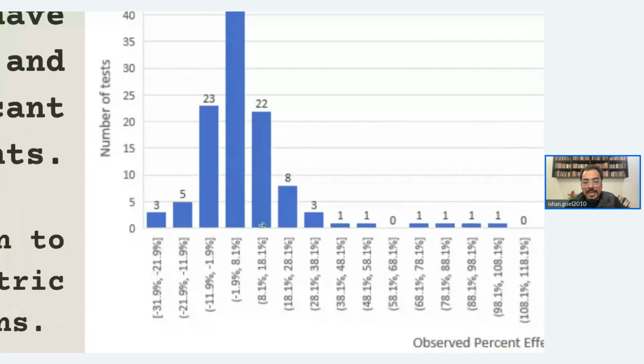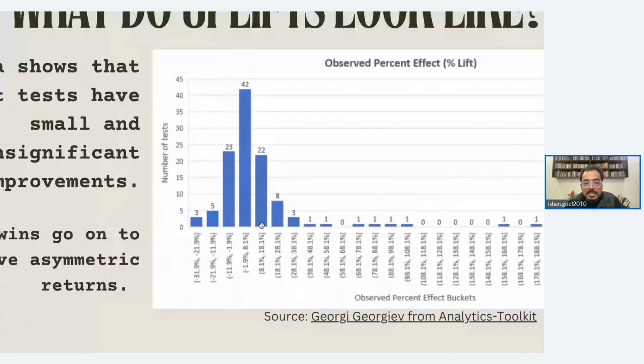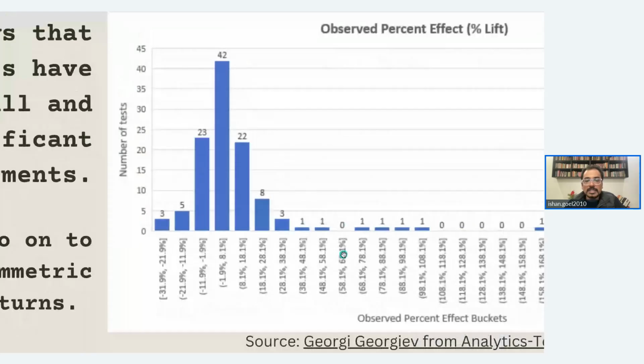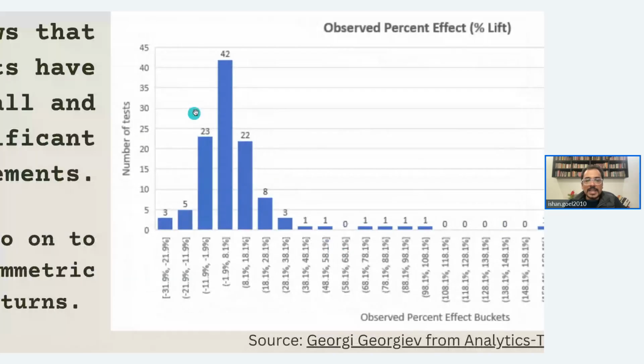If you see here, and these are relative uplifts naturally, the idea is that a very large percentage of uplifts are centered around zero. So a large set of uplifts do not have any true impact. Most experiments that you run, and this is something common across many studies done in bigger companies that have been running experimentation for a while, give a zero uplift.